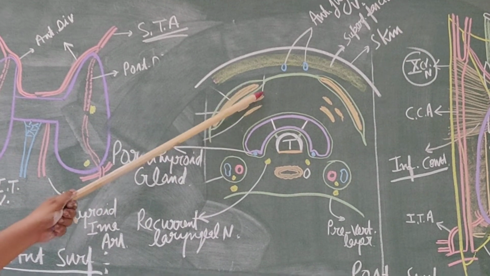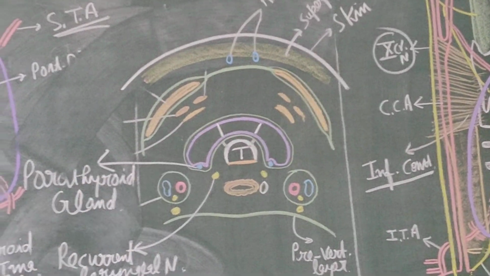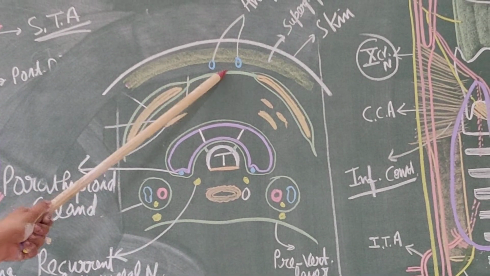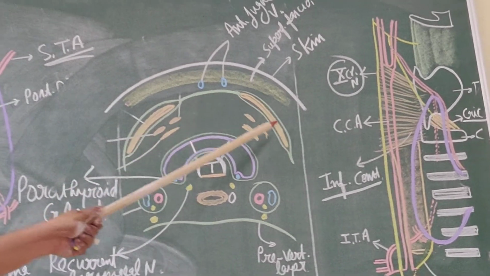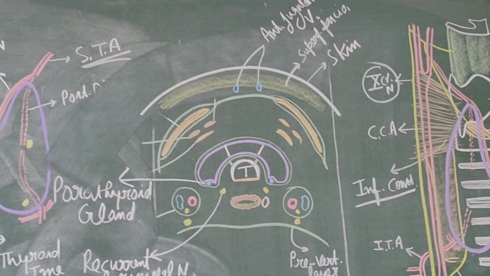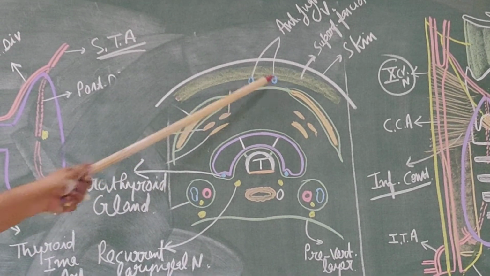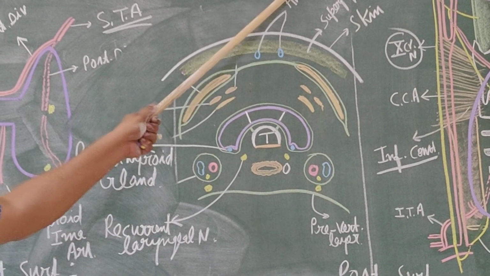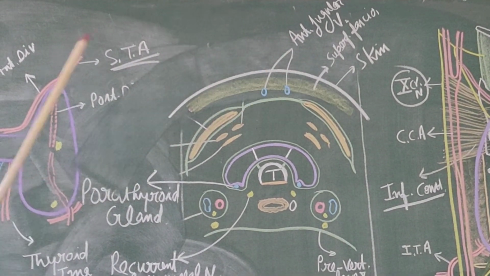These sternothyroid and sternohyoid muscles are separated by the pretracheal fascia. Then comes the investing layer of the deep cervical fascia that encircles the sternocleidomastoid muscle. Then superficial is the superficial fascia, which contains the anterior jugular vein, and then the skin.